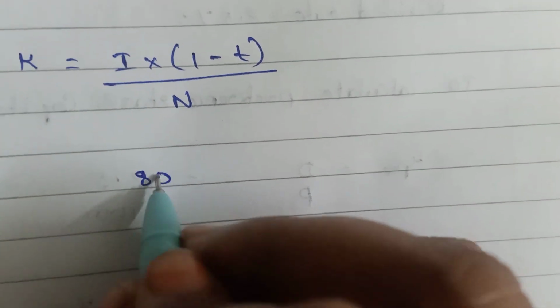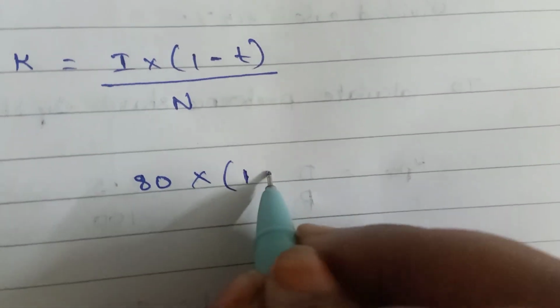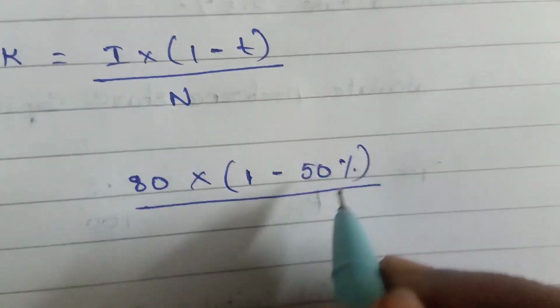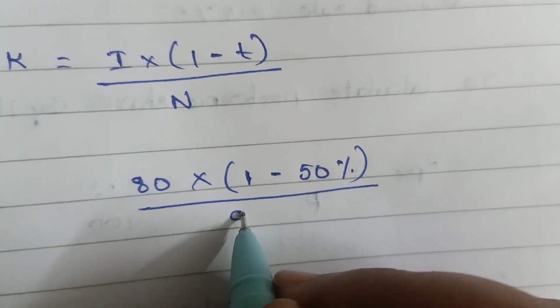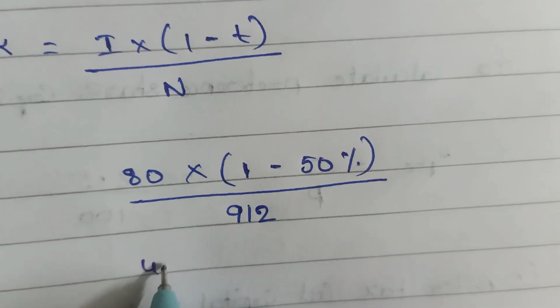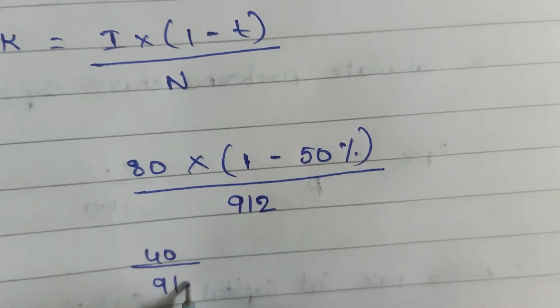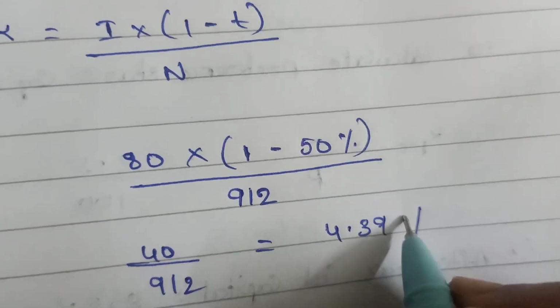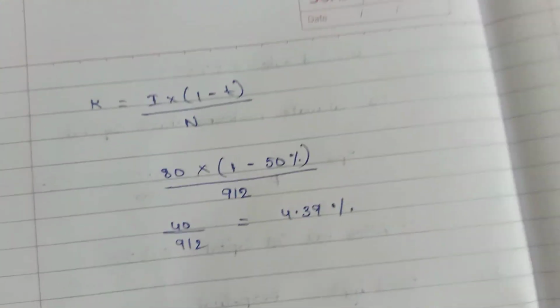The annual interest is 80 into (1 minus 50%), divided by the net proceeds 912. When we calculate, we get 40 divided by 912, which is equal to 4.39%.